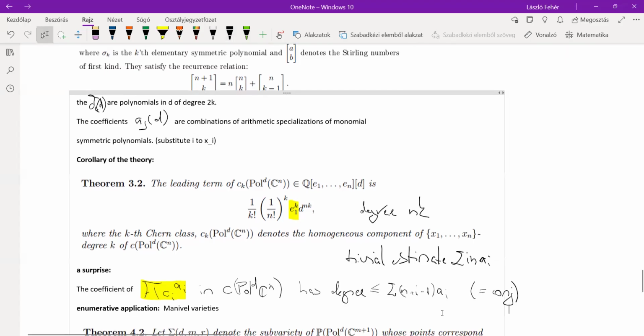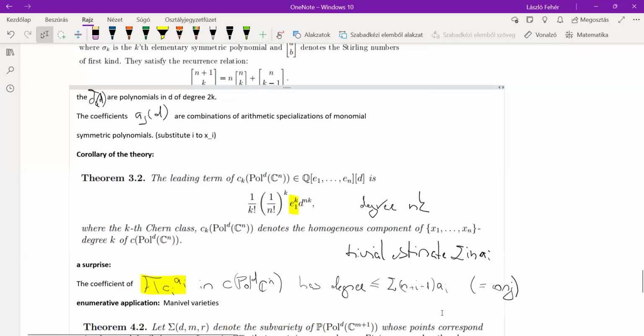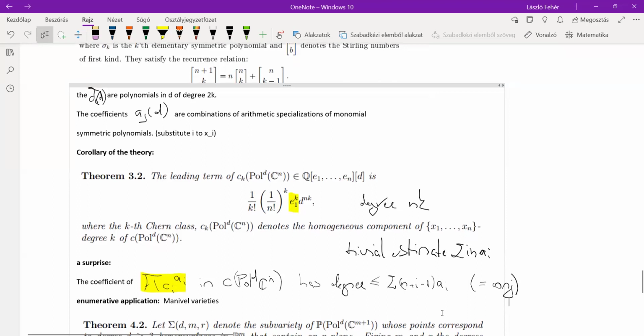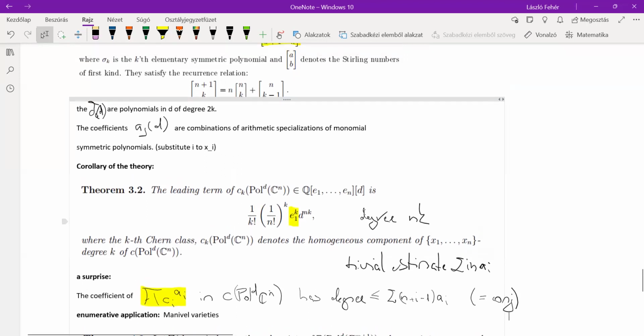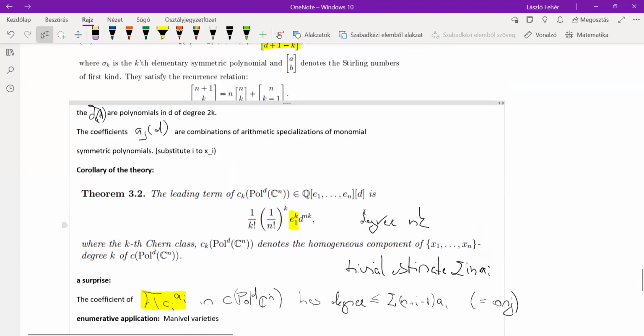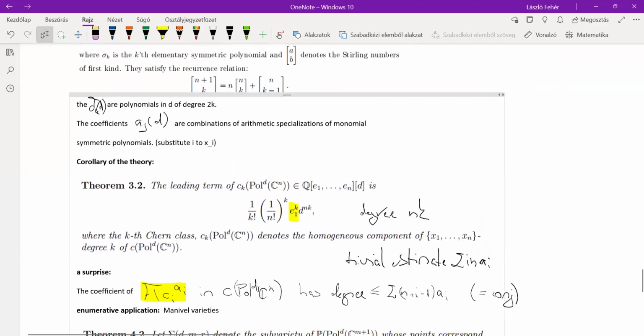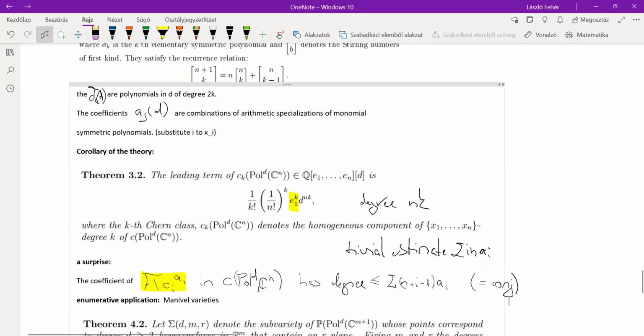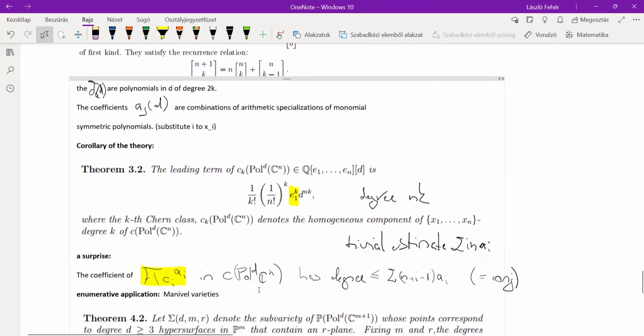But maybe I have two more topics to talk about. One is that even these very simple stuff of calculating the total Chern class of PolyD has enumerative applications. So it's connected to the theory of Fano varieties, Fano schemes of tangent spaces.